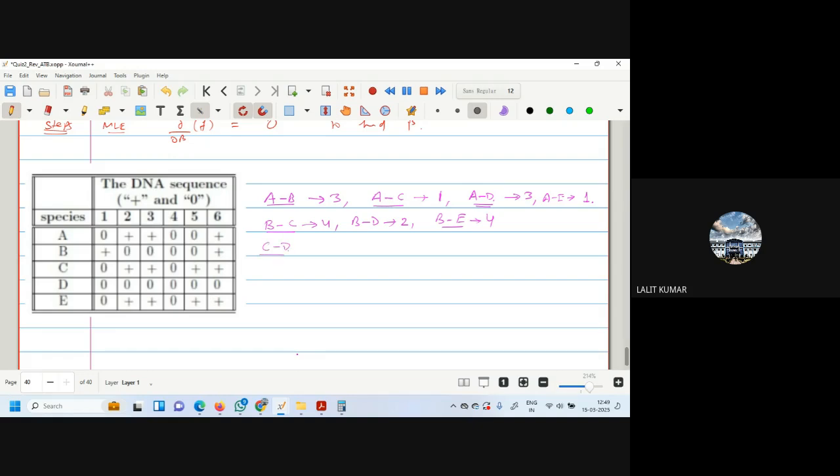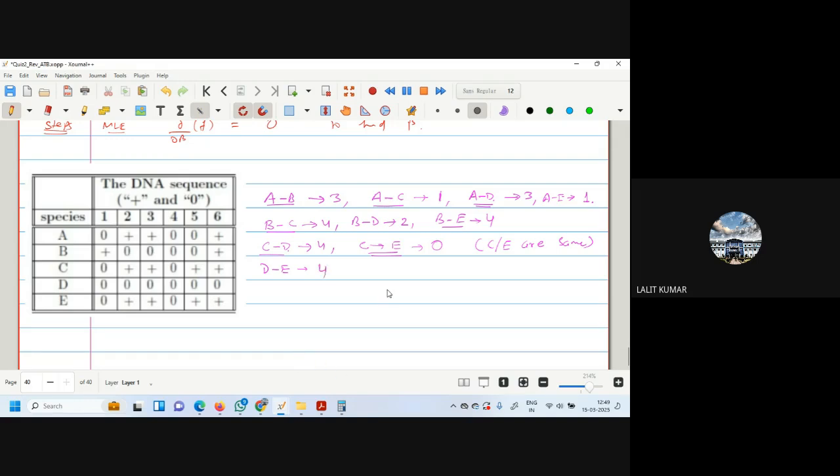Now we come to C to D: 1, 2, 3, 4. C to E is 0, 0. So immediately we come to know that C and E are same, so we can take either one of them. And now we come to D to E: 1, 2, 3, 4.